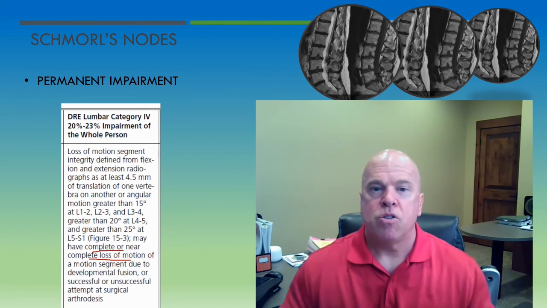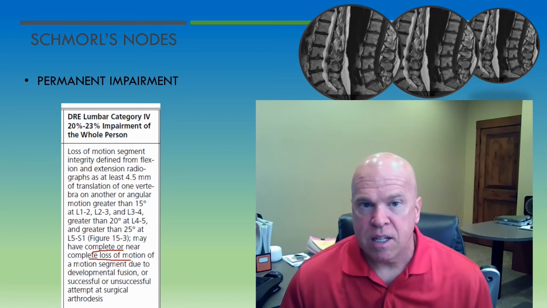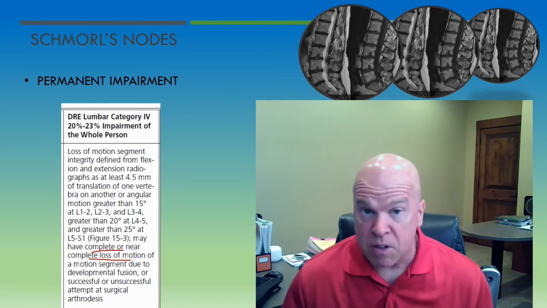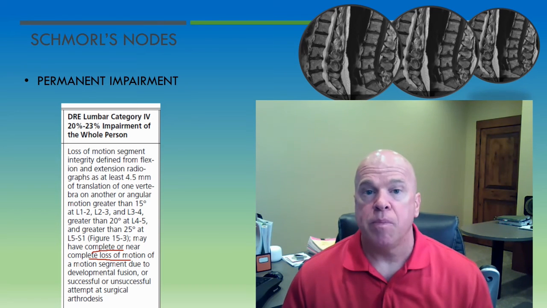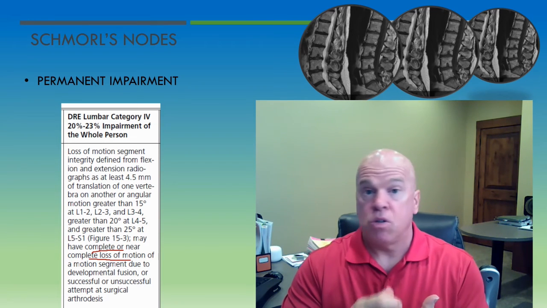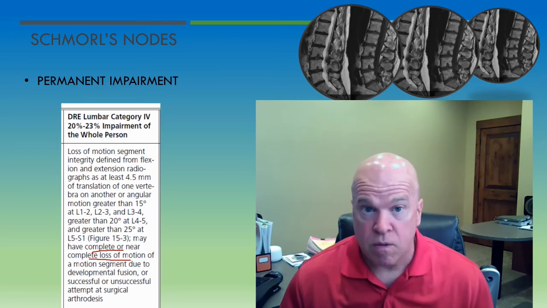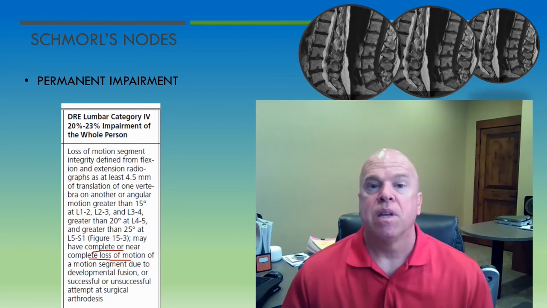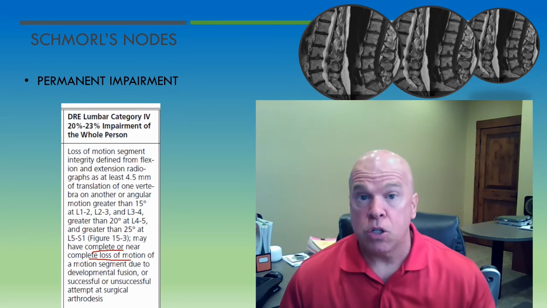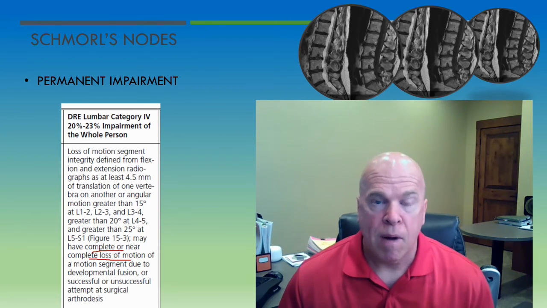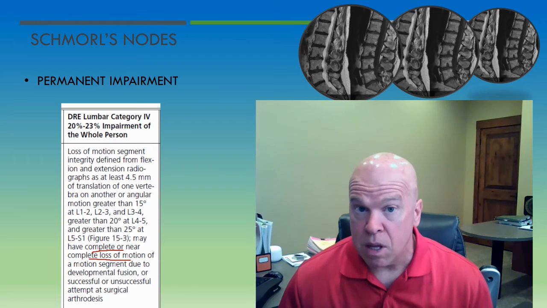And then the third consideration is whether or not the examinee has any neurologic deficits or pain. Pain would be a sensory deficit. So if the examinee has either sensory or motor deficits due to nerve root involvement, that would be your third consideration that would go into the formulation of your permanent impairment rating under the range of motion method.